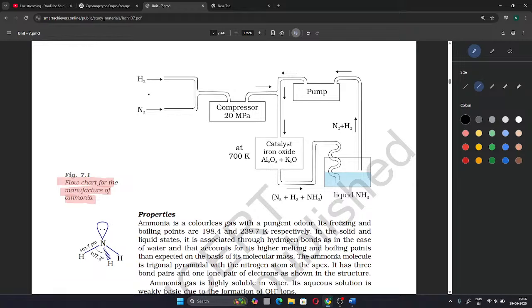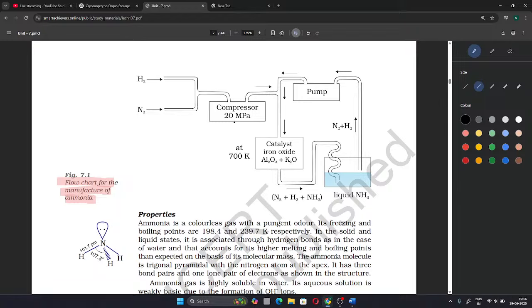Hydrogen and nitrogen are pumped through two pipes to a compressor, meaning it will compress those two gases together to a pressure of approximately 200 atmospheres.